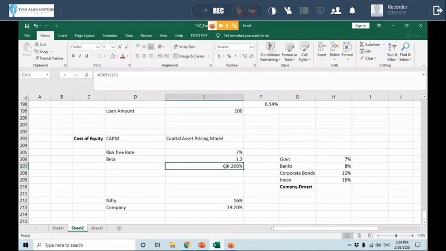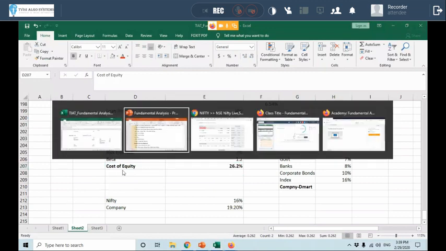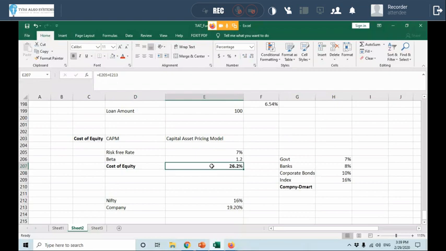So this is the minimum expected returns or cost of equity. I'm not taking this concept of market risk premium, it will get a little confusing, so let's keep it very simple right now. So this is my cost of equity. Got it?